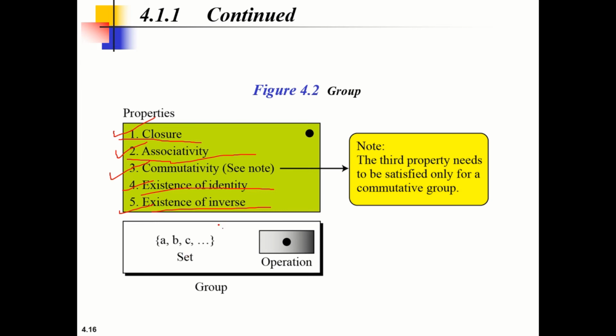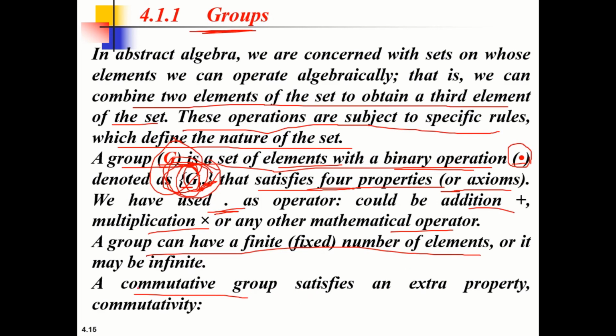We represent the set like this and the operation like this. We give any name to this set; if it is a group, we call it G. We write the operation like this and the whole set like this. This dot can be addition, multiplication, division, or any other mathematical operator. Now, the commutative property: if any group satisfies this commutative property as well, then we call that group a commutative group.